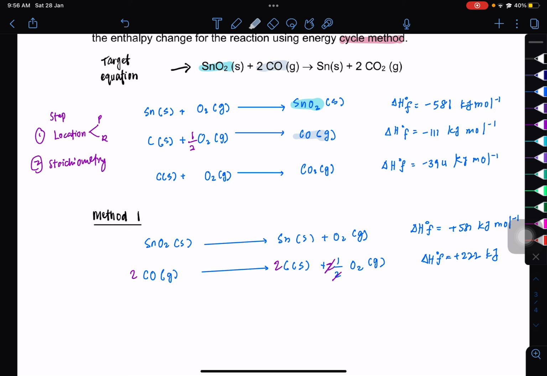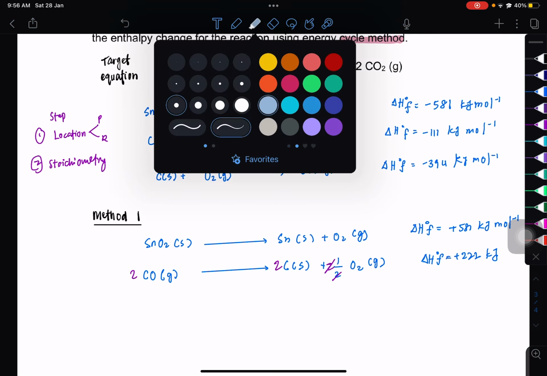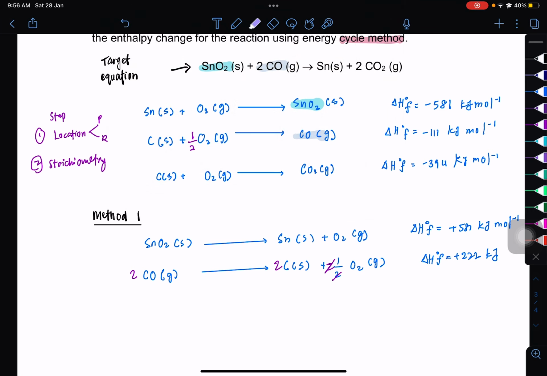Next we look at carbon dioxide. The carbon dioxide is in equation number 3. In the target equation it is in the product, and here it is also in the product, so the location is fine.